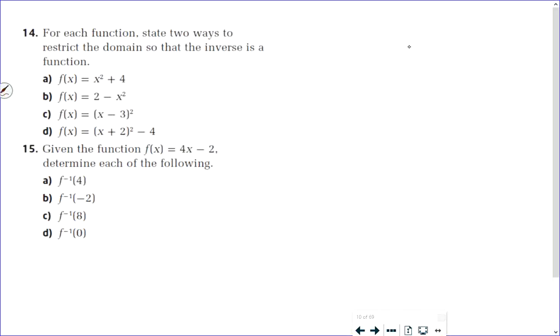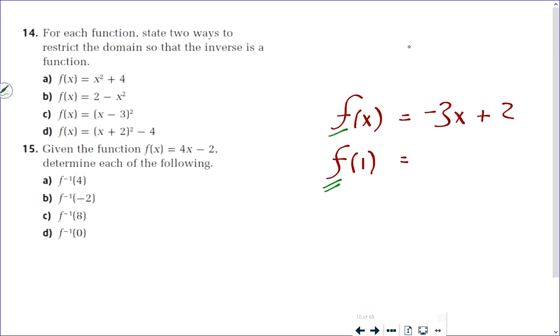If I gave you f of x equals negative 3x plus 2, and I said, what is f of 1? What that means, that's a language we use in math, kind of a code. It means go ahead and put 1 in for x in f, right?